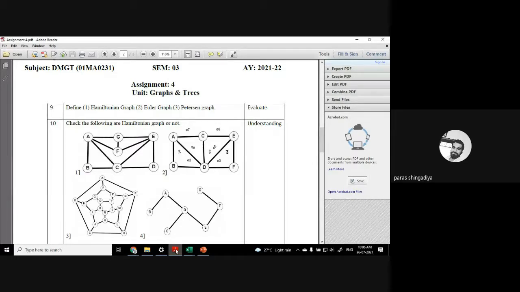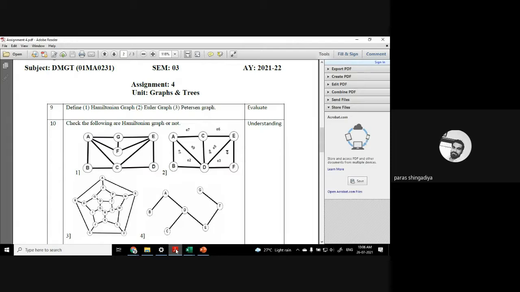In the first graph, edge notation is not mentioned. If required, you can put it here as E1, E2, E3, E4, E5 and so on. Otherwise you can directly say the AB edge, AC edge, AG, EF, ED, and so on. Here the first graph is clearly a Hamiltonian graph.